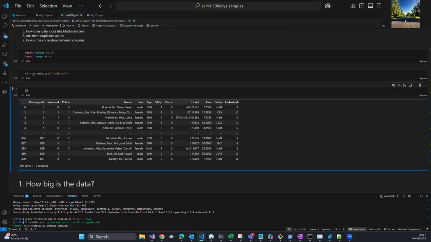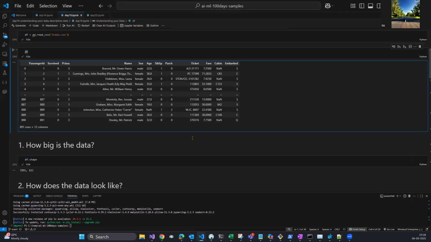In embarked we have S, C, and Q. S means Southampton, which is in England, C means Cherbourg, which is in France, and Q is Queenstown, which is in Ireland. So these are the types in embarked, and this is how the data looks.